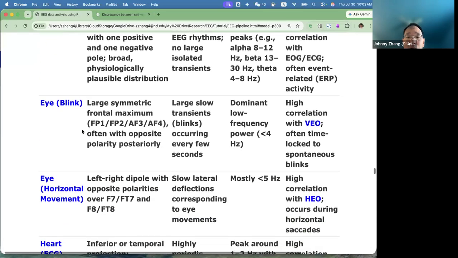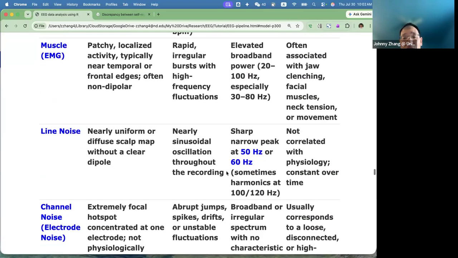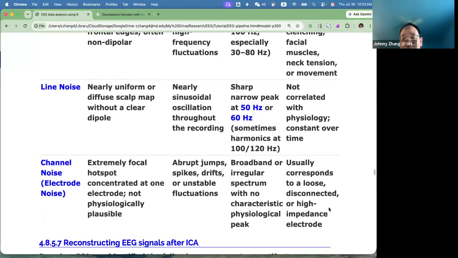As I mentioned earlier, this artifact identification is a rather subjective process. You have to look at many of those plots to effectively identify the components for the artifacts. Honestly, I'm not an EEG researcher.